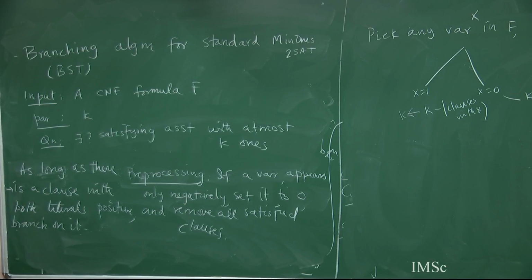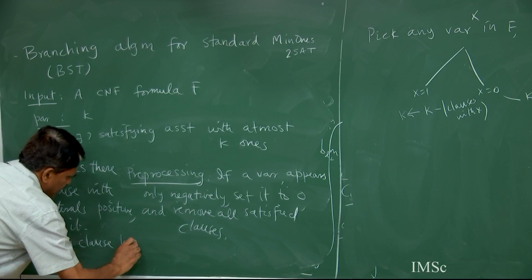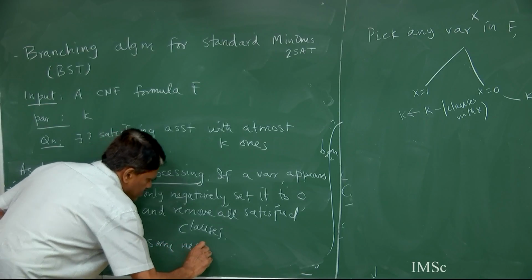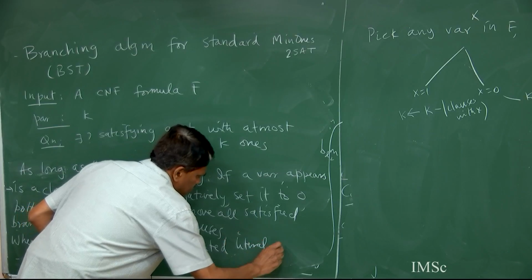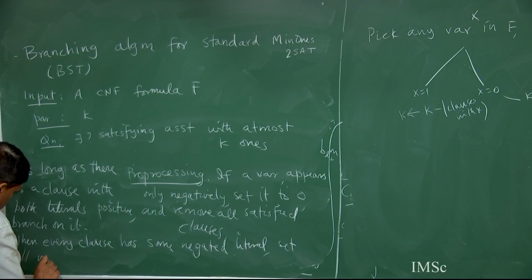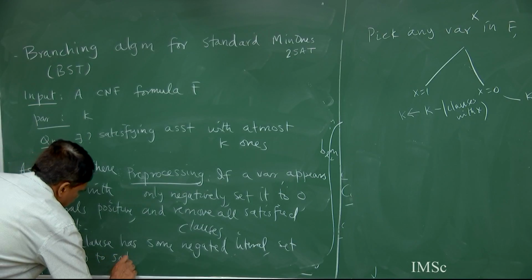So k drops and your height is going up to k. When every clause has some negated literal, set all the variables to 0 to satisfy the formula.